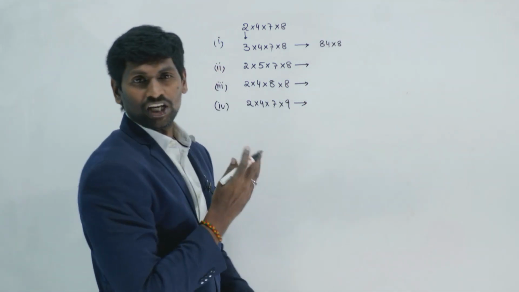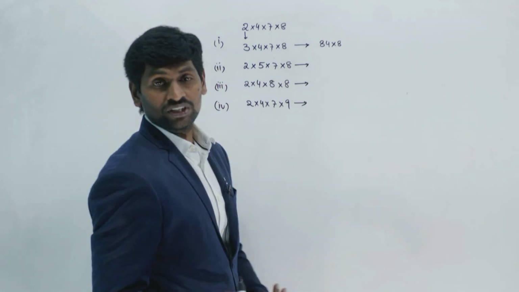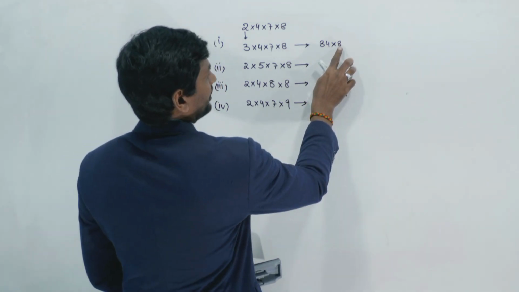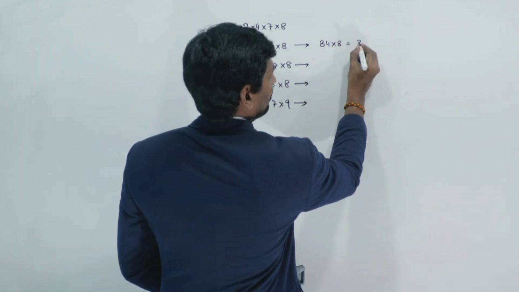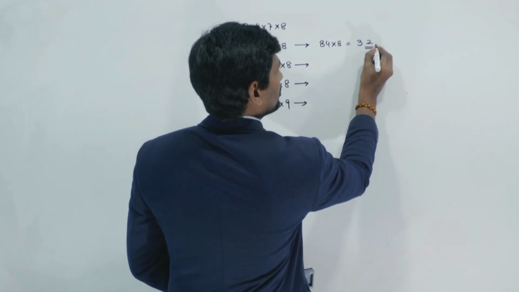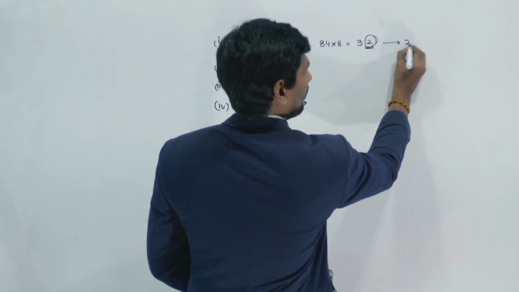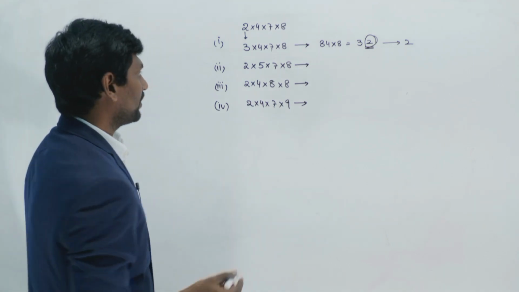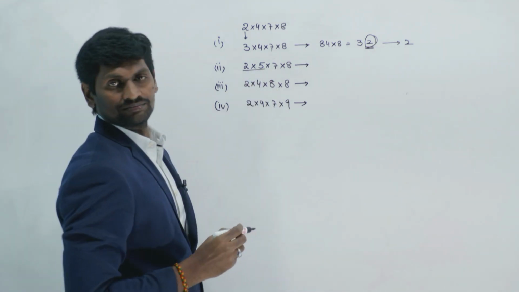We need to multiply all of them, but we want only the unit place digit, so just multiply the unit digits. 8 4s are 32, so the unit digit is 2. Now multiply here: 2 5s are 10.